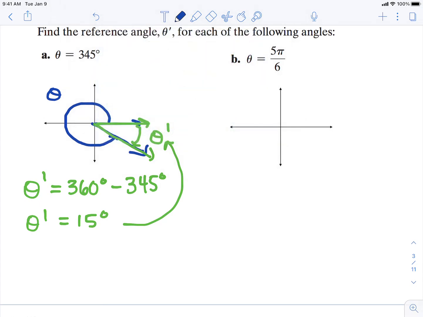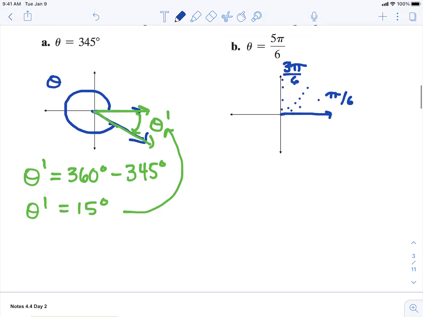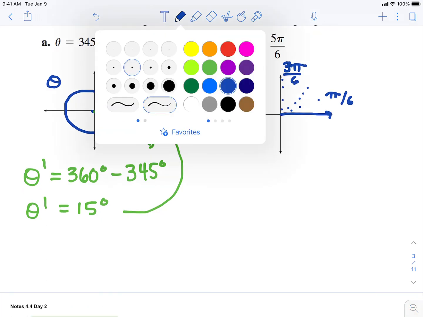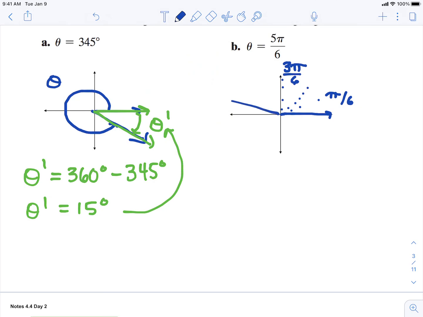Second example, the angle is 5 pi over 6. So we start with our standard position. This small angle here would be pi over 6, another pi over 6, another pi over 6. So right now we're at 3 pi over 6. Count 2 more, and we would be right there at 5 pi over 6.